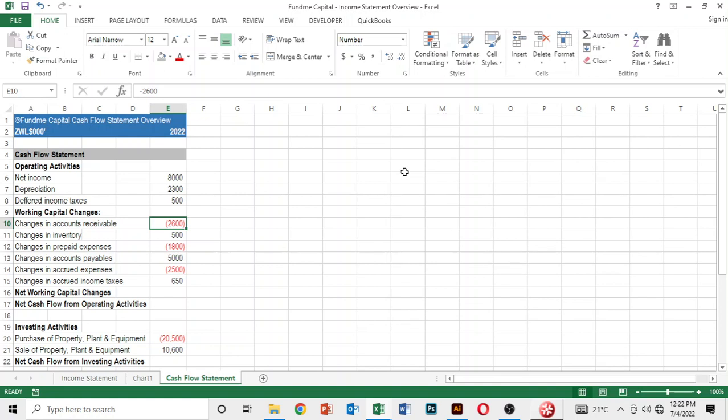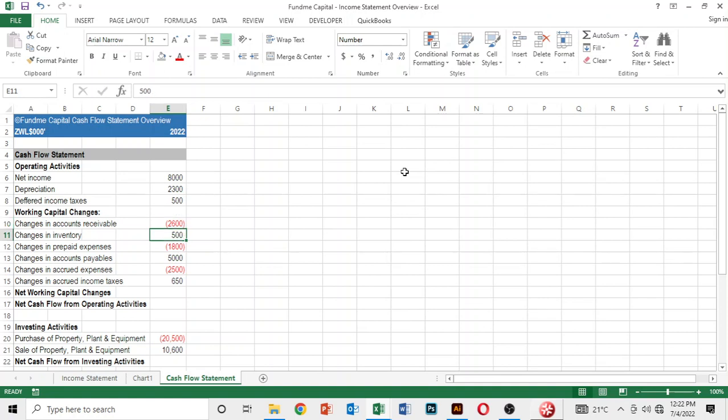If the number of credit customers increases, that means they are not paying cash when they are buying products or services from us. So that's why you are seeing that in red. It means that we haven't yet collected cash for the services or goods that we have sold to our customers.